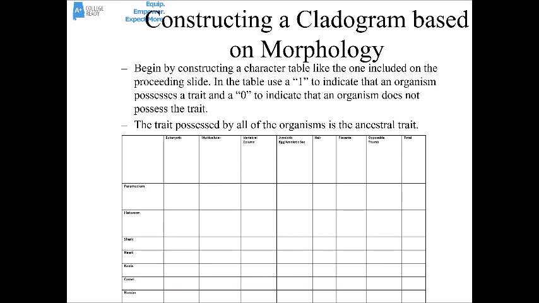Now, the first cladograms were drawn based on morphology, based on the presence of shared physical characteristics. And you're going to do an activity later where you use morphology and a table called a character table to construct a cladogram based on morphology. But that's more the old way to draw a cladogram.